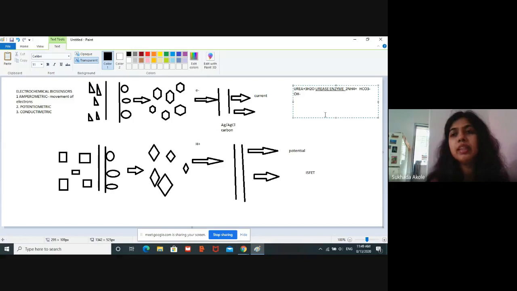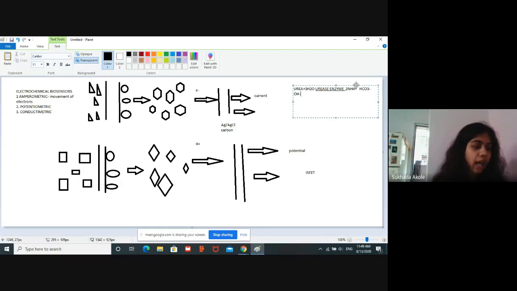Now this urease enzyme does what? It looks for the changes in the substance itself. So when I have urea, which is my NH2 C double bond O NH2, and I react it with water, I get 2NH4 plus, HCO3 minus and OH minus. So this 2NH4 plus will be measured.